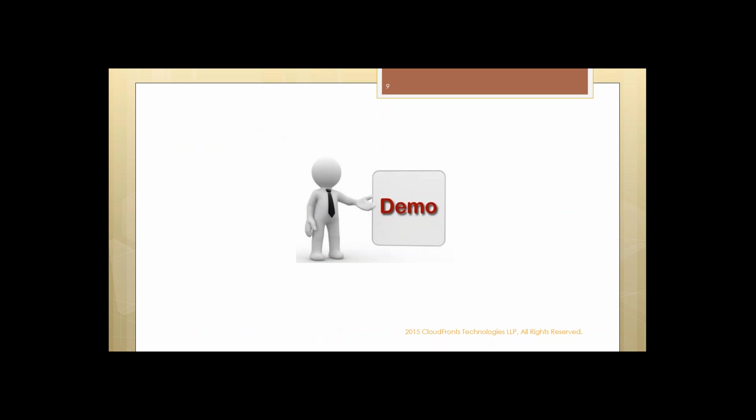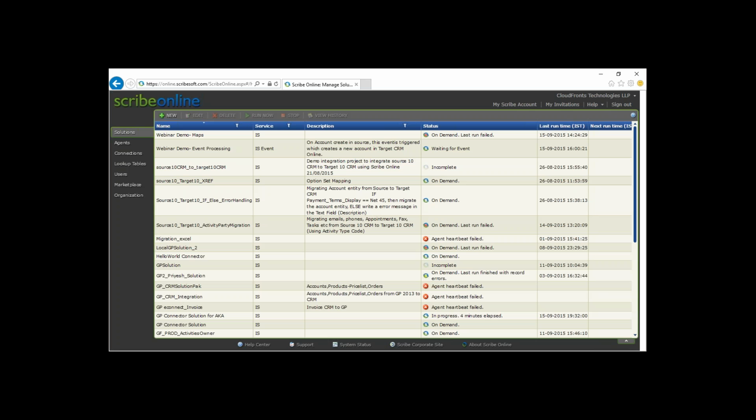Now, let us see how Scribe Online actually looks. This is the Scribe Online UI. Using the URL online.scribesoft.com and giving the account credentials, we land up at this page, as we all can see.